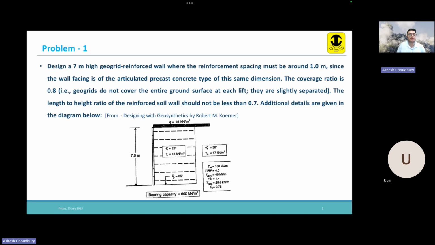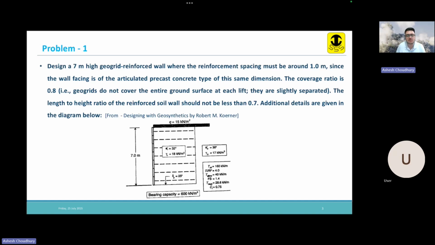So the problem that we have is: design a 7-meter high geogrid reinforced wall where the reinforcement spacing must be 1 meter, since the wall facing is of the articulated precast concrete type of the same dimension. We already solved two problems similar to this. The first problem was a geosynthetic geotextile wraparound wall. The second problem was related to steel strip, and this third problem is related to geogrid reinforcement.